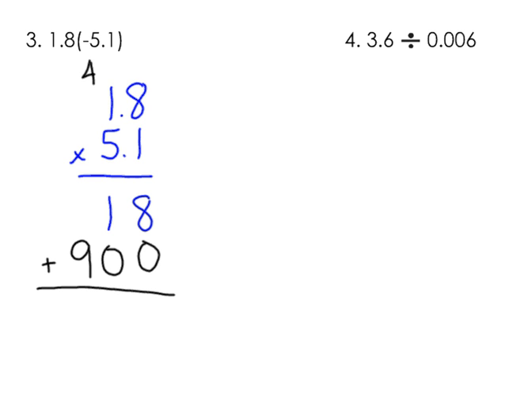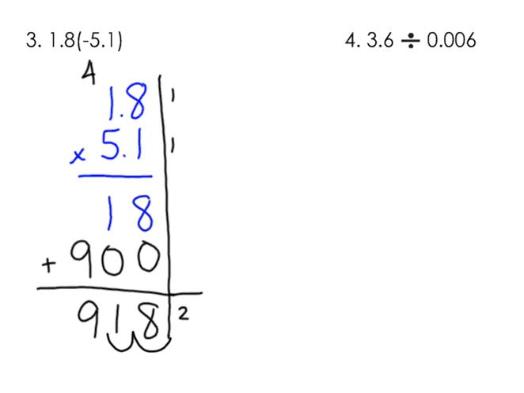We're going to add up our digits, and then we're going to figure out how many places to move it over. So it was once here, once here. That's a total of 2 spots. And a positive multiplied by a negative is negative. So our final answer is negative 9 and 18/100.